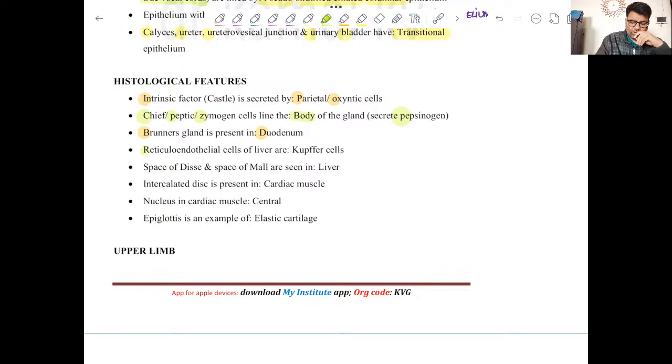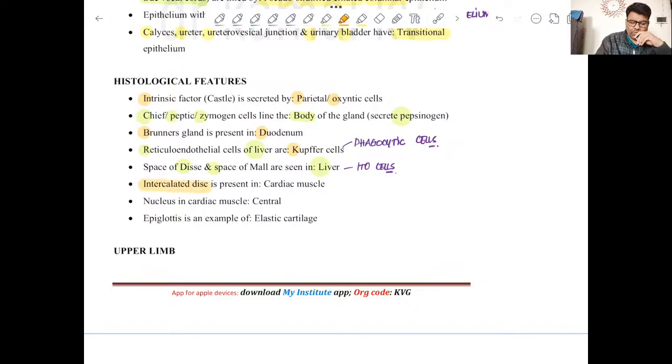Then reticuloendothelial cells of the liver are known as Kupffer cells. So these are actually phagocytic cells of the liver. Then the space of Disse and Mall is present in the liver. Also Ito cells are present here, which store vitamin A.